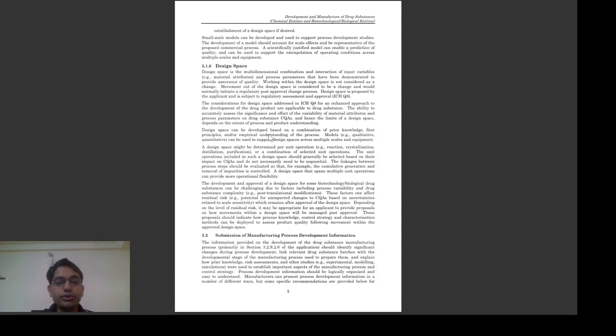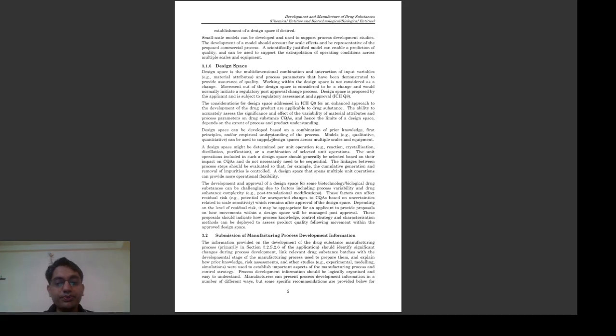The development and approval of a design space for a biological drug substance can be challenging due to factors including process variability and drug substance complexity, such as post-translational modification. These factors could affect residual risk, which is the potential consequence.